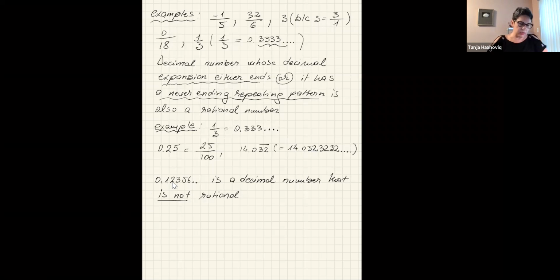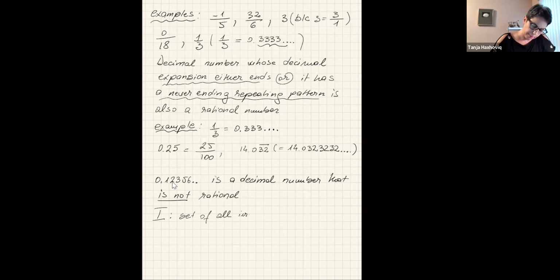Okay, so what is the set of irrational numbers? The notation for irrational numbers is this capital I, and that indicates the set of all irrational numbers.